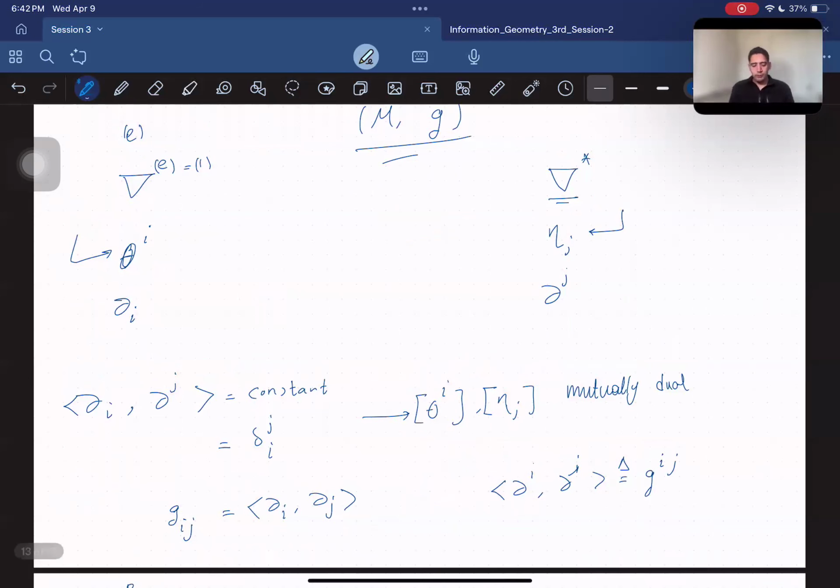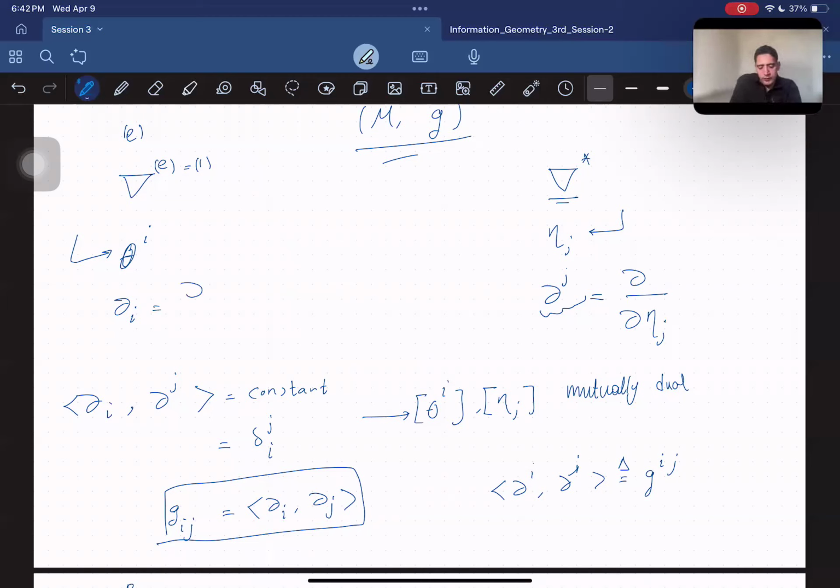Then, if you remember from the definition of Riemannian metric, we have this. And if we go to the dual representation, of course, these would change. So now what is this? This is taking the derivative with respect to eta j.